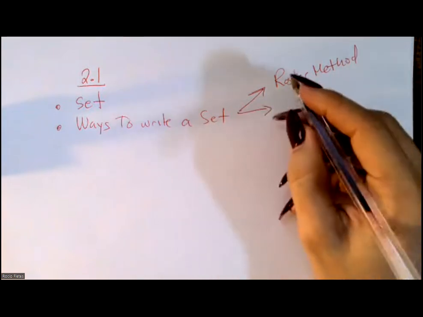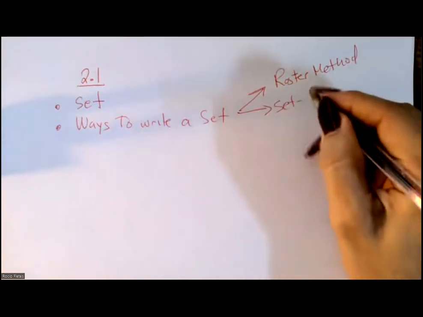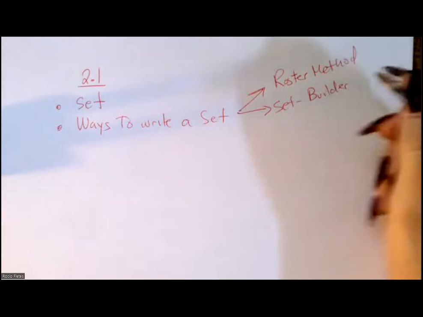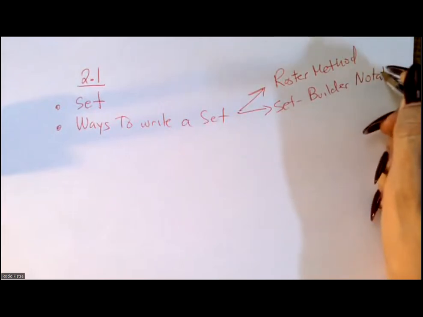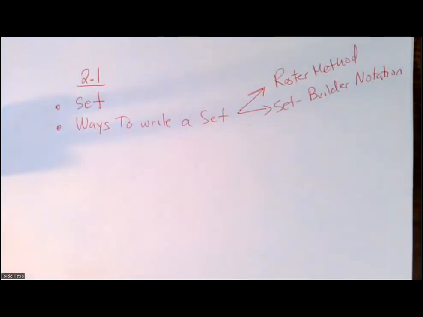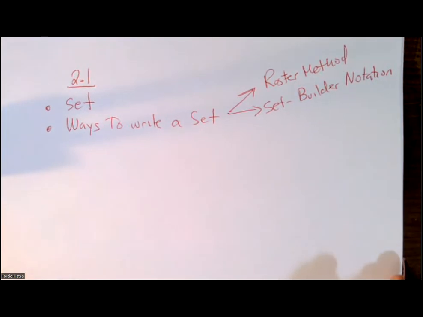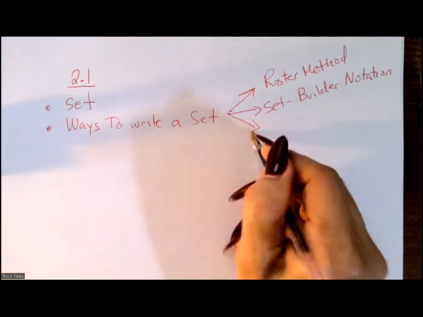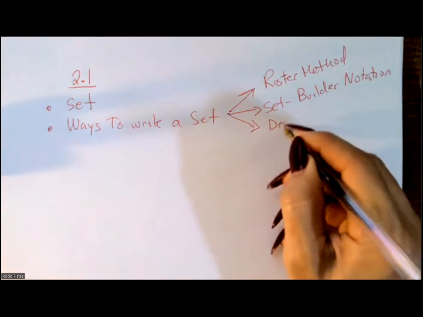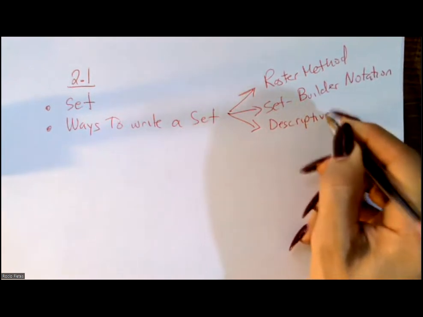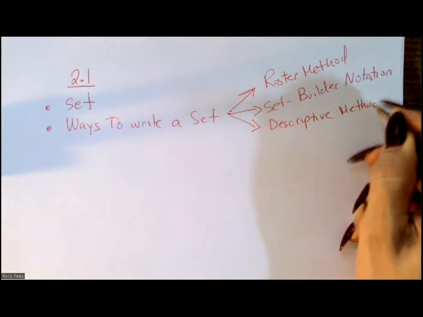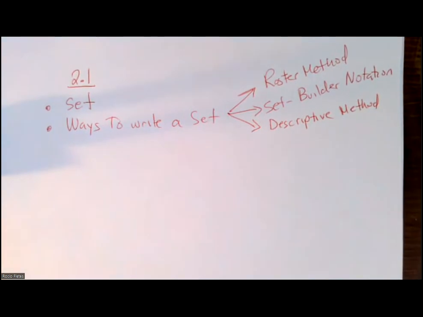And then we talked about the set builder notation. This is where we don't list the elements, we just give a definition for the elements, right? That's the set builder. And then the descriptive method, which is to write a sentence describing the set, right?